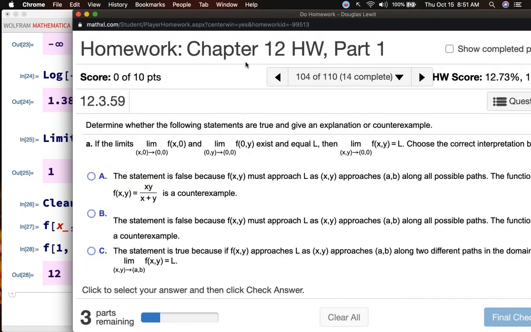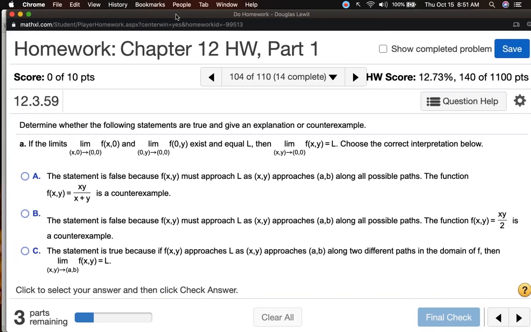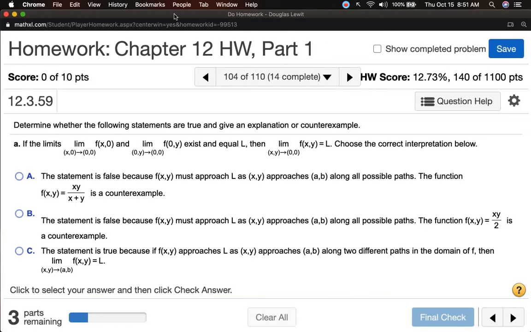Okay, determine, now let me see. This is more of a theoretical question. I don't think we need Mathematica for this. We could use Mathematica to help visualize the problem, but that would actually make the problem more complicated. Determine whether the following statements are true and give an explanation or a counter example.